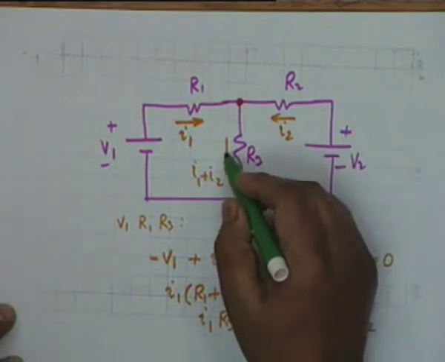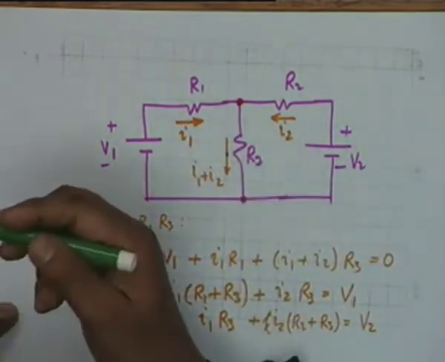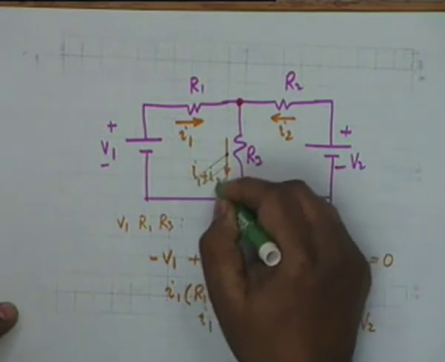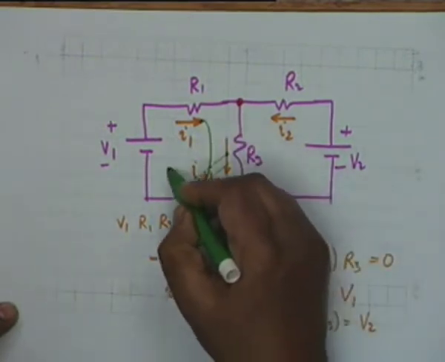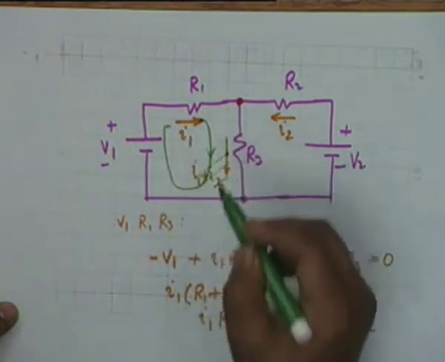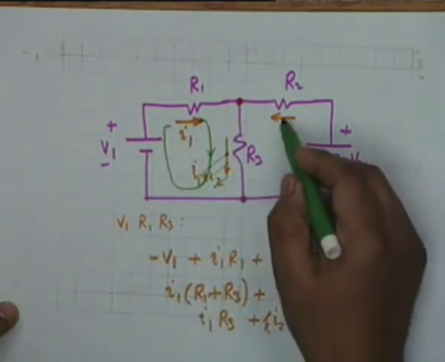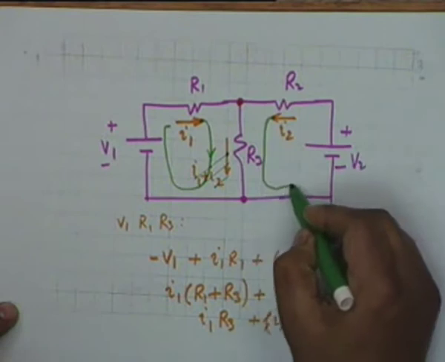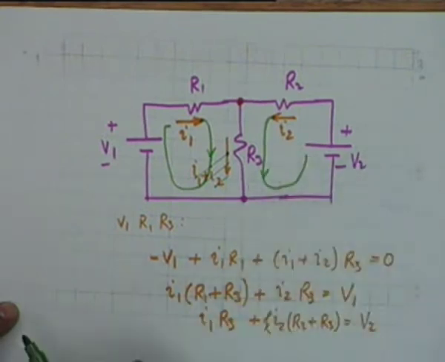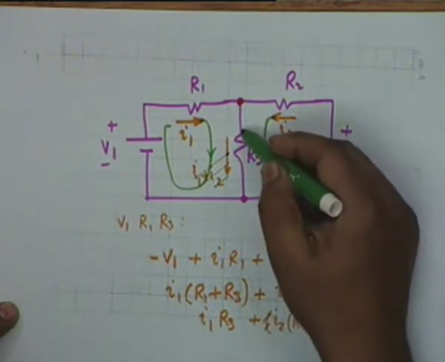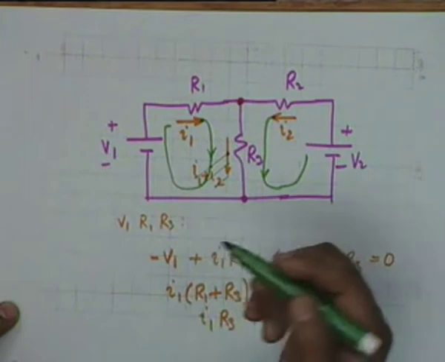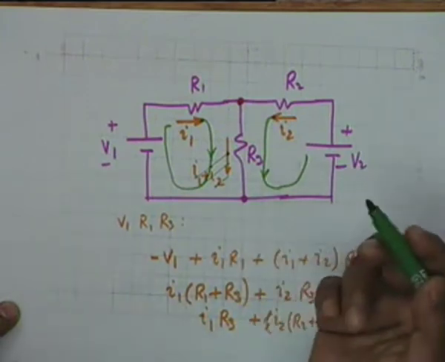Instead of applying KCL to start with, we could assume that I1 is the current in this loop, and we could assume that I2 is the current in this loop. Then obviously the total current in R3 shall be equal to I1 plus I2.